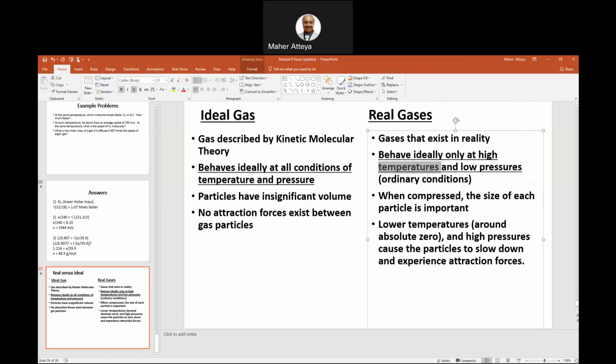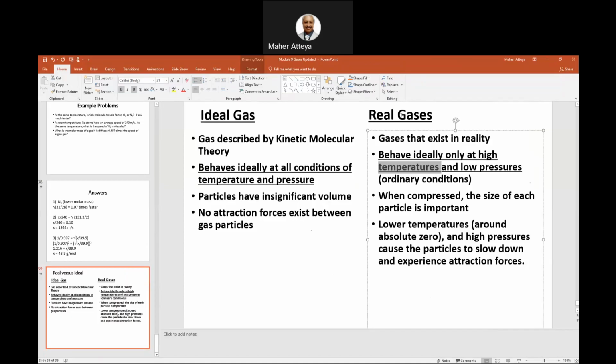So this is what a real gas is. Now, an ideal gas, there is none. Meaning if you have an ideal gas and you freeze it to absolute zero, there is no connection between the atoms, correct? Each atom is by itself. However, the real gas, when you freeze it at 0 degrees absolute temperature, minus 273 Kelvin, guess what?